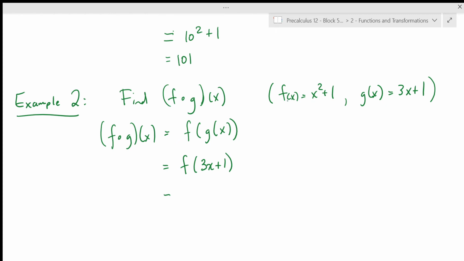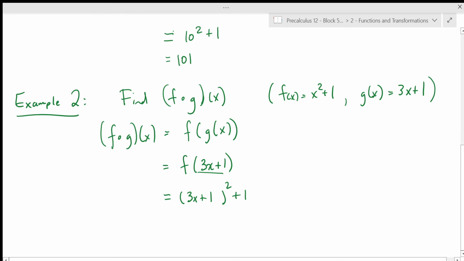The reason it gets confusing is because you're now substituting an expression that contains x for an x. But all that means is that we're taking this input and squaring it and adding 1, and the input that we're taking is this 3x plus 1. So we're going to put the 3x plus 1 right in there. I've got 3x plus 1 squared plus 1.